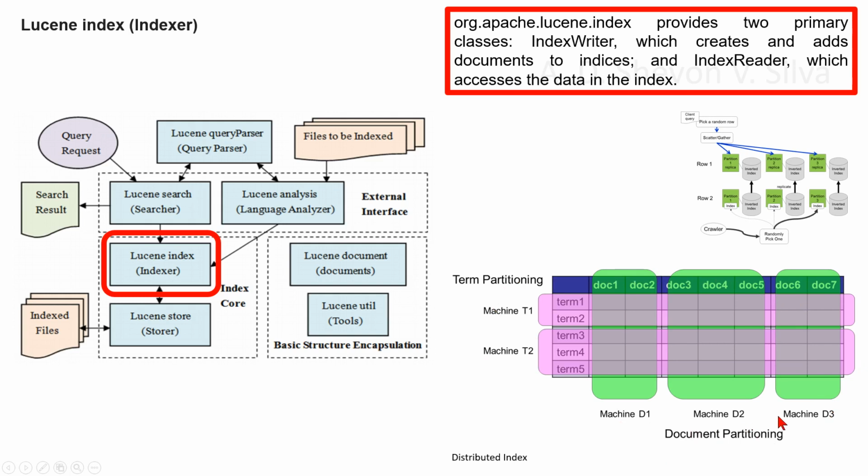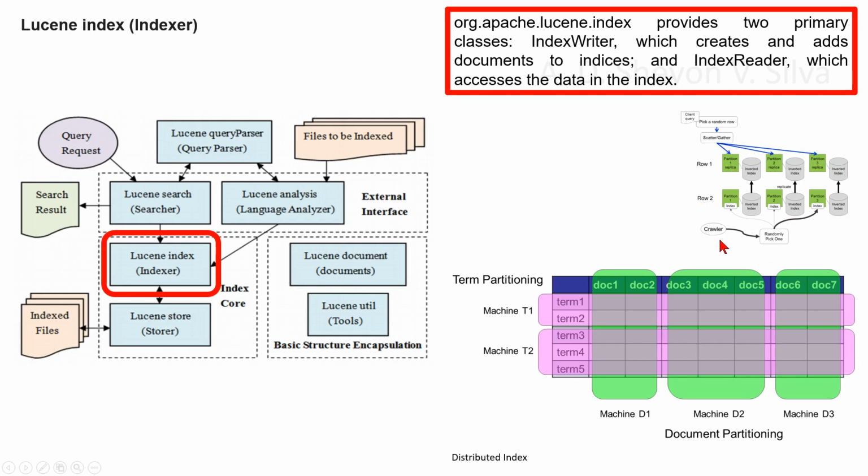Here you can see a client query that picks a random row and scatters, and this is connected to partition 1 replica, partition 2 replica, partition 3 replica. Here you can see row 1 and row 2.